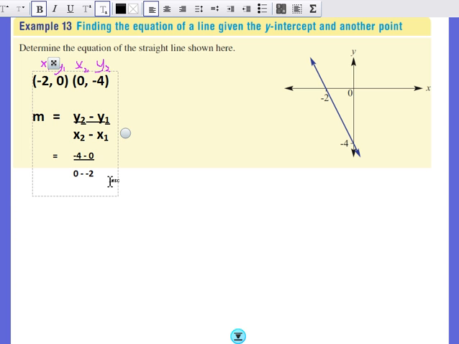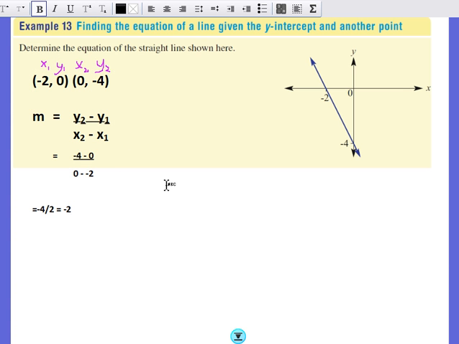So on the top there we've got -4 minus 0, which is just -4, divided by 0 minus -2, so +2, so that is just +2. So -4 divided by 2 is -2. So there's our gradient.